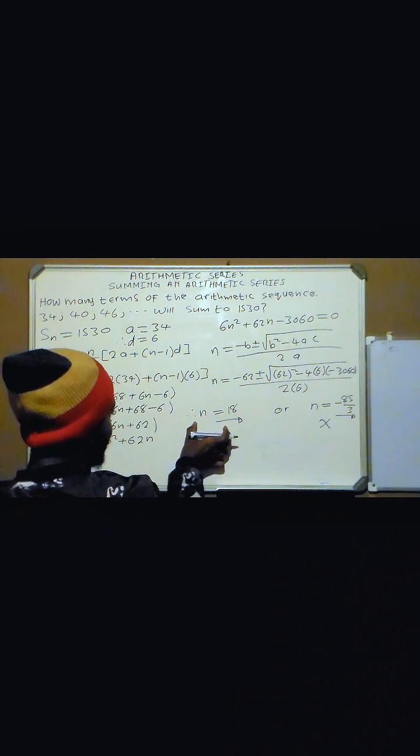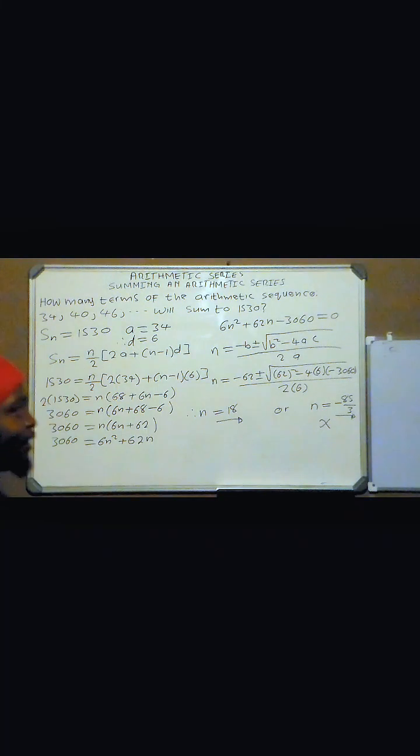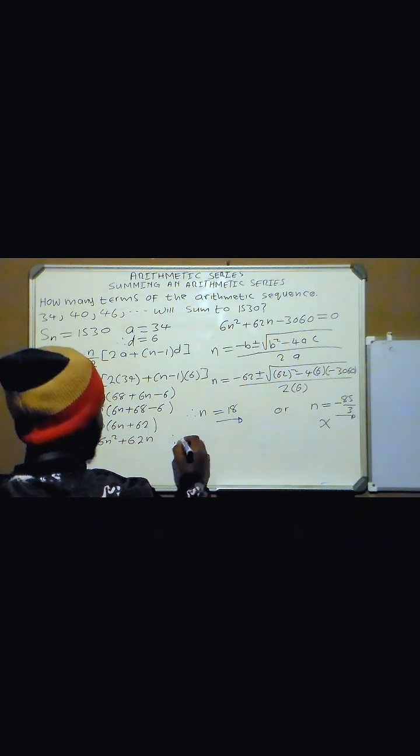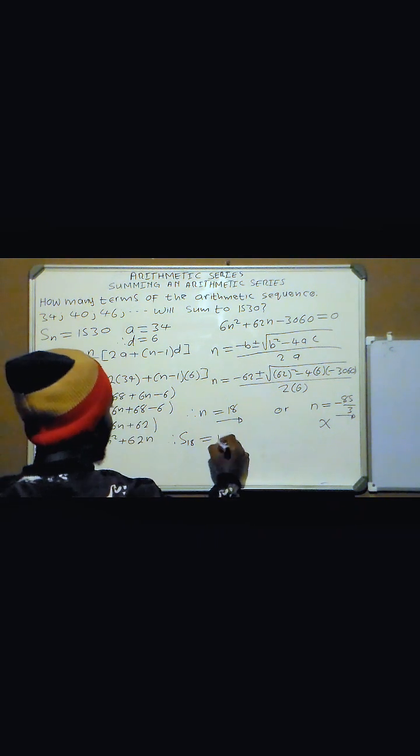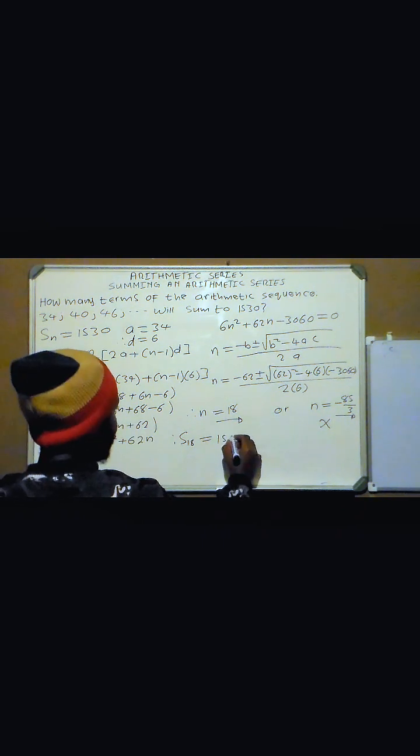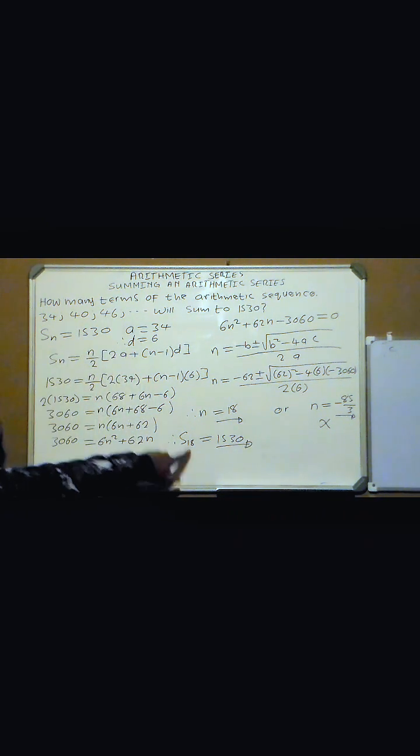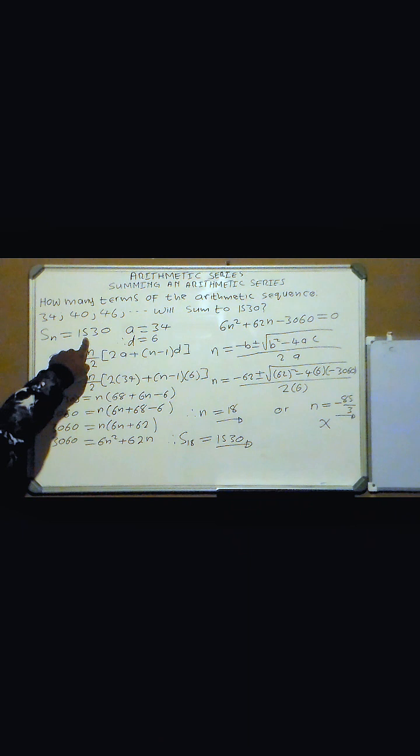So this is not the n value. The n value that we're looking for is n equals 18. So therefore we conclude that the sum of the first 18 terms is equal to 1530. So we have to add 18 terms of the sequence in order to get this value.